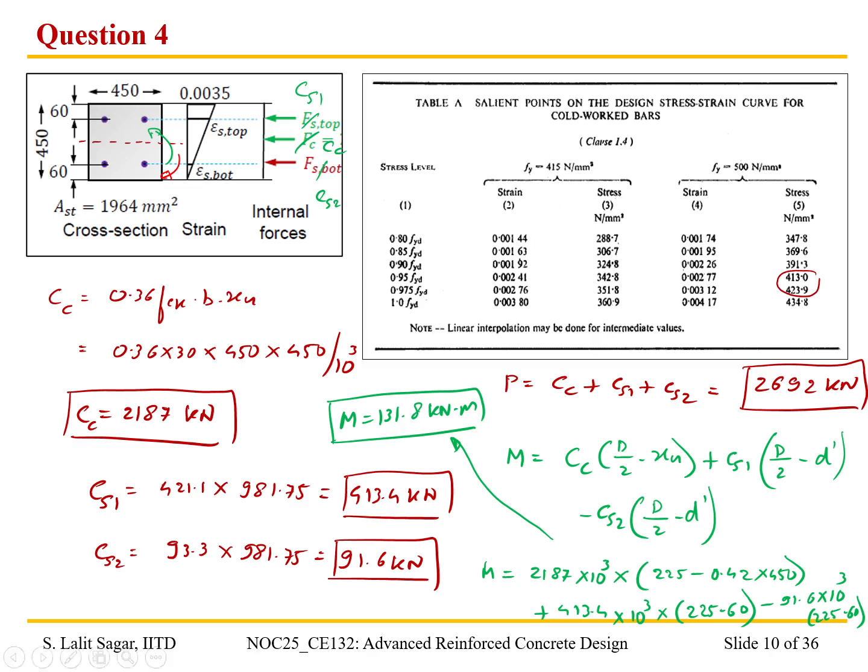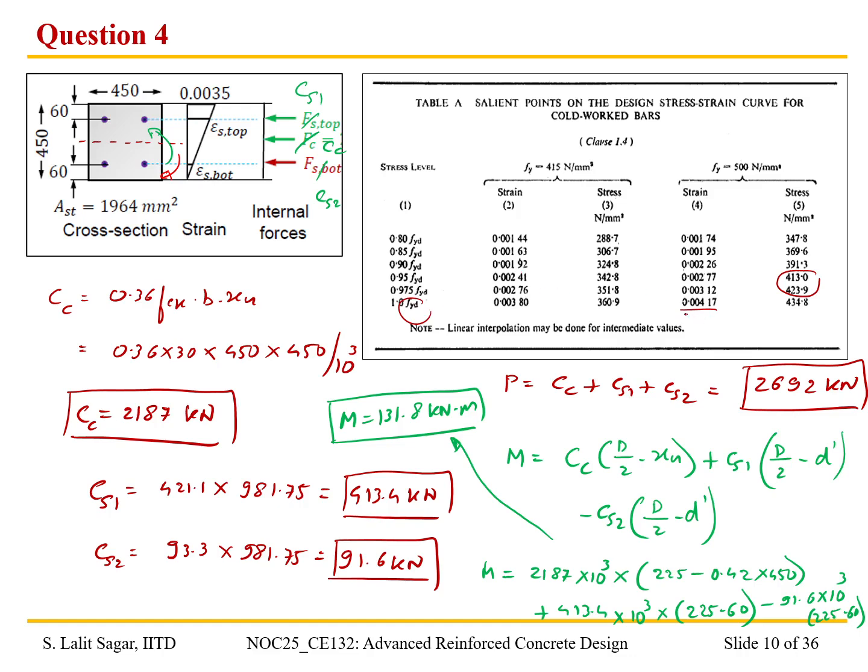So how are we getting this value? Have a look at this table taken from SP16. This is the peak strain, corresponding to FYD, the ultimate stress level that we consider for design purposes, that is 0.87 FY.